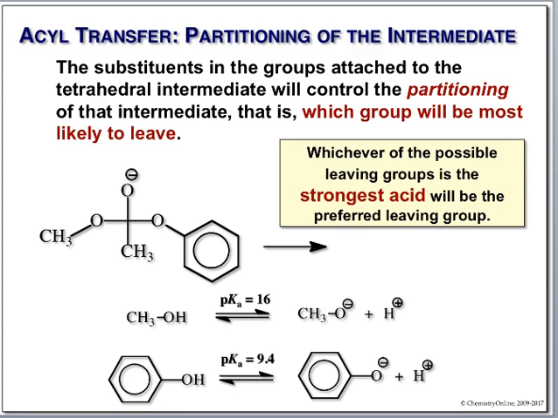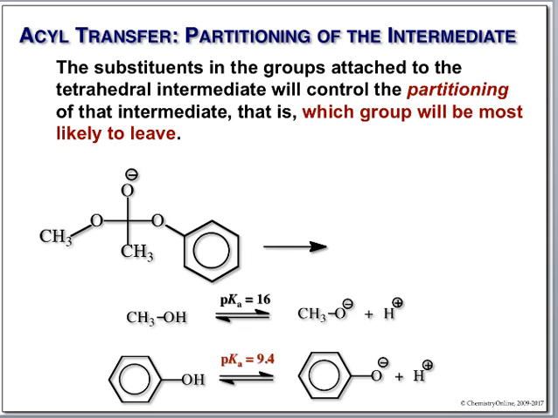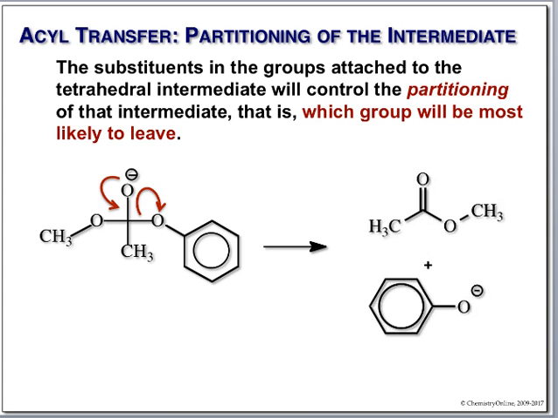So phenol is going to leave preferably by a factor of 10 to the 7th, because phenol is a stronger acid than methanol. So if we had this intermediate somehow, the product would always go this way, and this would be the products we observed. Yeah? We have to figure out pKa to figure that out every time. Don't you know that? Of course you know that.